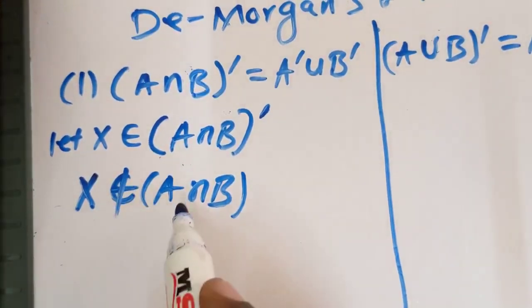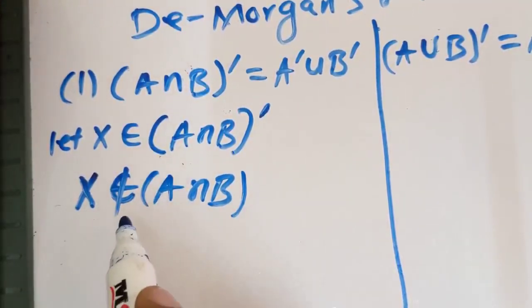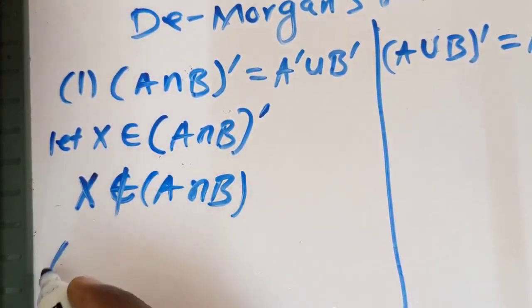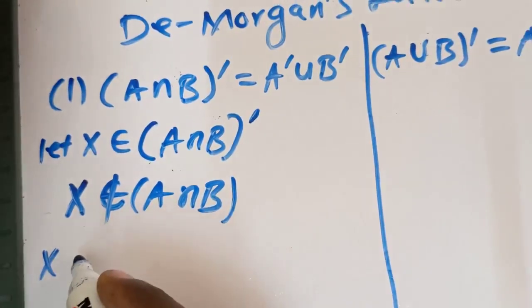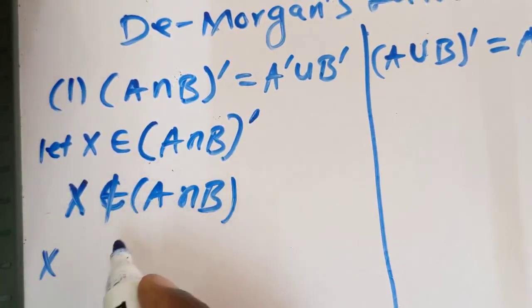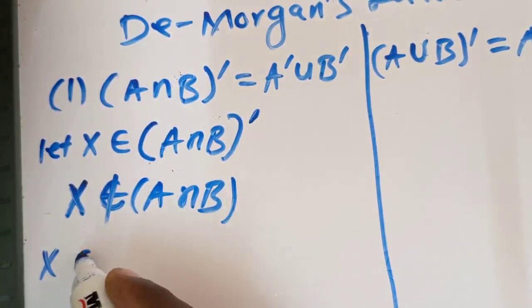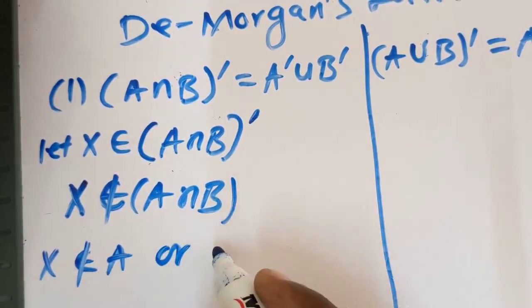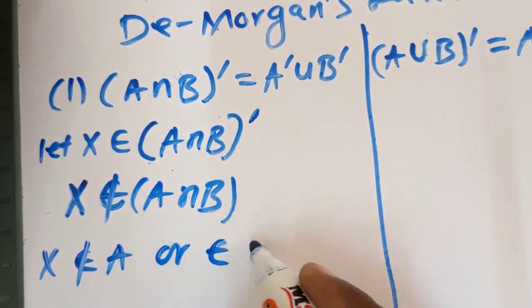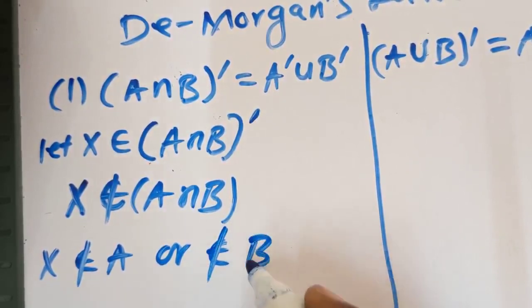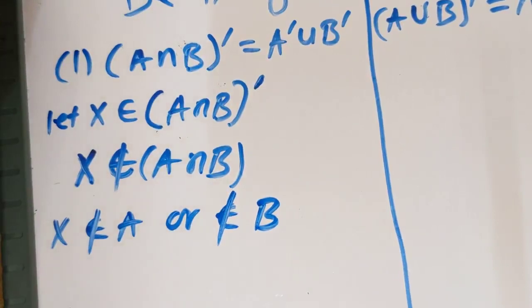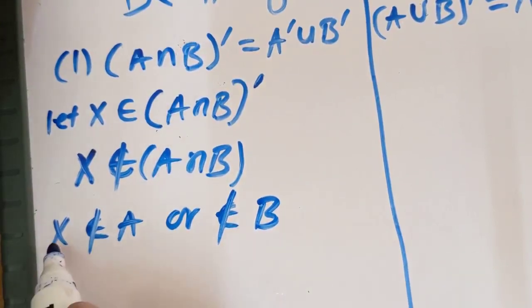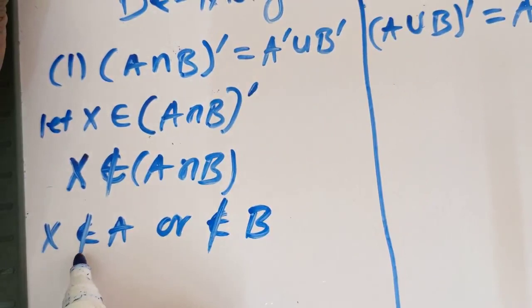So you explain further here. This statement means that X is neither a member of A nor a member of B. So X is neither a member of A nor a member of B. That is what it means.